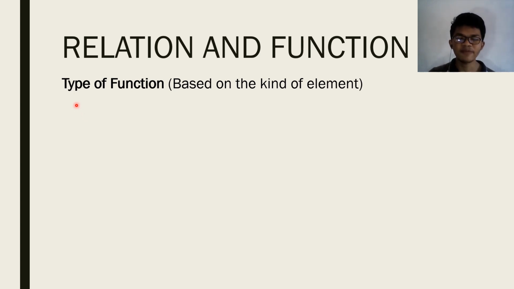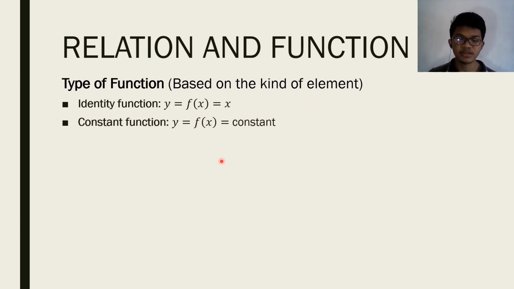Now it's about types of function. Based on the kind of element that the sets involved consist of, functions can be, the first, identity function, i.e. y equals f of x equals x. Both range and domain of the function are the same.